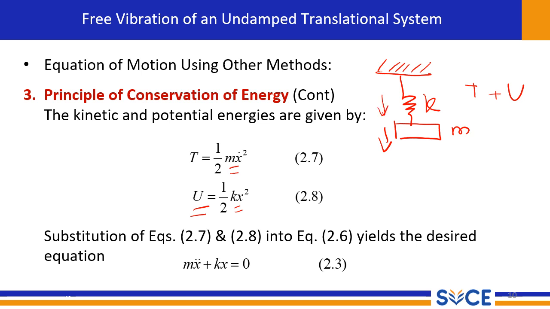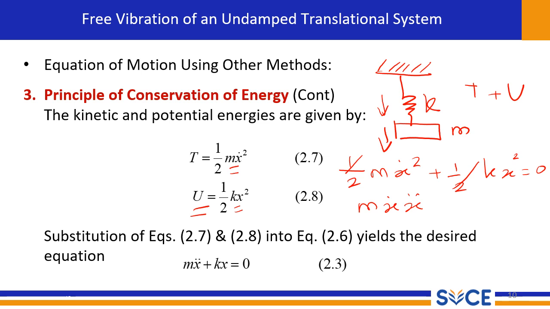Now we substitute these expressions for kinetic and potential energy into our energy conservation equation. Then it becomes half m x dot square plus half k x square equal to constant. Taking the time derivative, we apply the chain rule. With respect to time, we get m x dot x double dot.